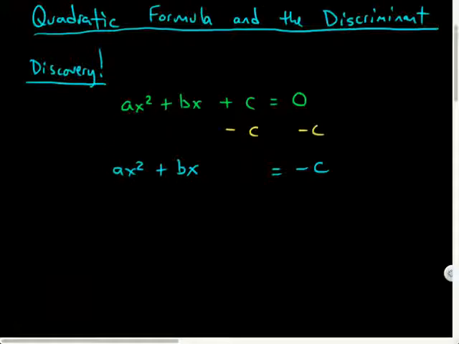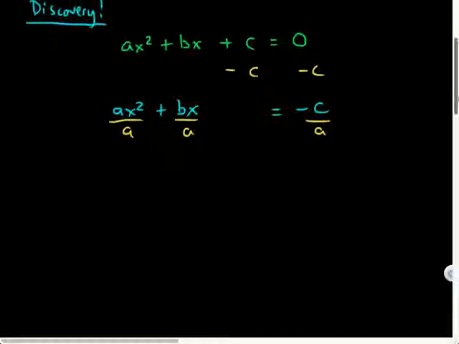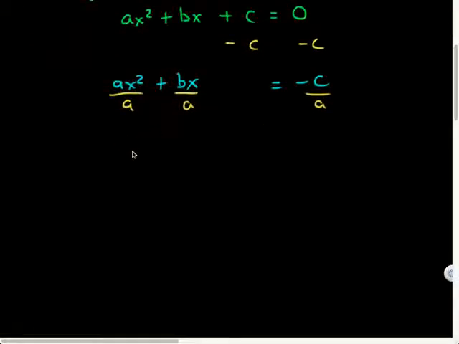You have to divide everything by a. So I'll have x squared plus b over a x equals negative c over a.